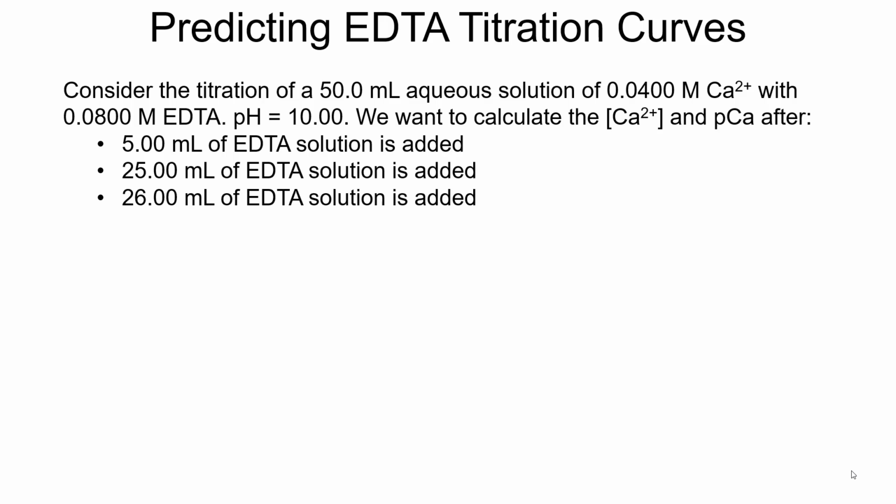What we want to do in terms of modeling the EDTA titration curve is calculate the calcium concentration, and thus the pCa value, the negative log of the calcium concentration, at three different points. These are going to be one in each region. So first we're going to do a calculation in region 1, which is prior to the endpoint, where 5 mL of EDTA solution have been added.